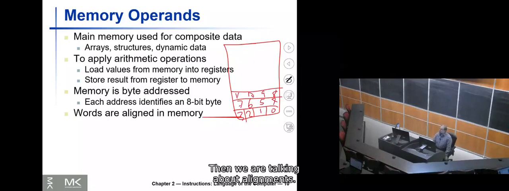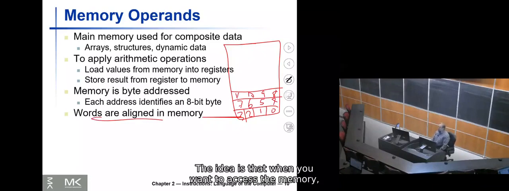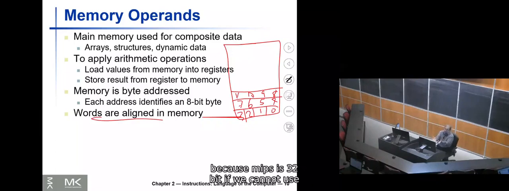When we are talking about alignment, here you see words are aligned in memory. The idea is that when you want to access the memory, you should do it with alignment dictation. What does it mean? Since we are going to use the memory as 32 bits for MIPS, because MIPS is 32 bits, if we cannot use 32-bit memory data, why did we go to a 32-bit bus?